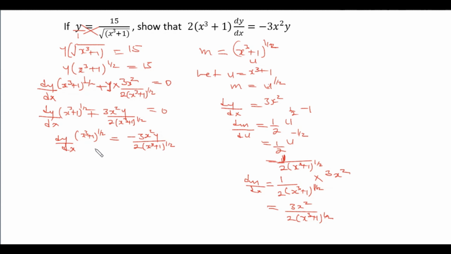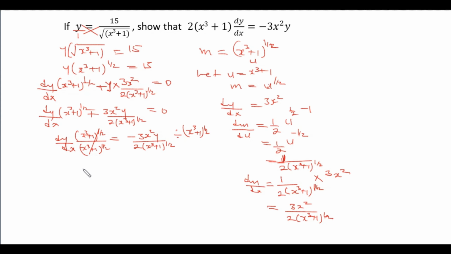We divide throughout by (x cubed plus 1) raised to the power half to get dy dx. So this cancels this, and we are dividing throughout by (x cubed plus 1) raised to the power half.